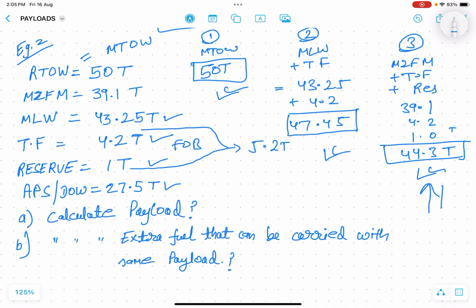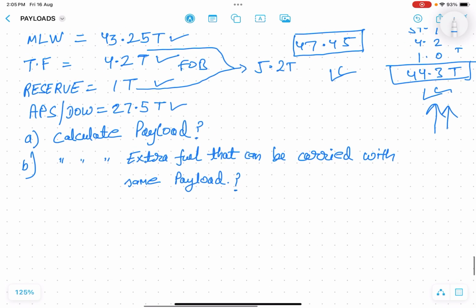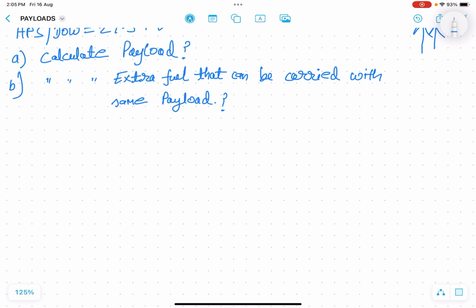44.3, this one, and put it in our basic equation. Takeoff weight is equal to dry operating weight plus fuel on board plus payload. We have to calculate payload.